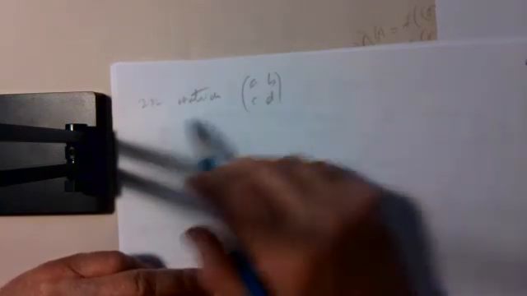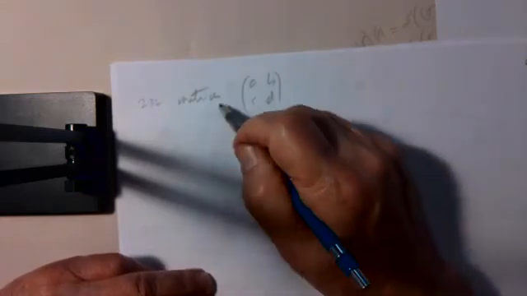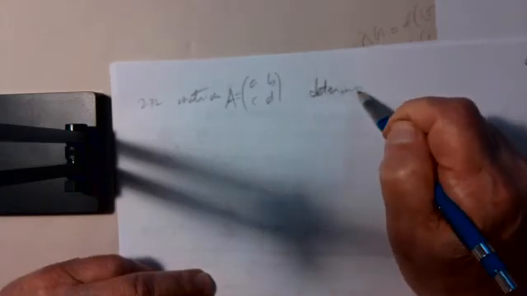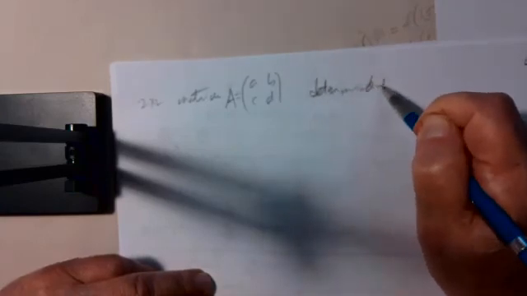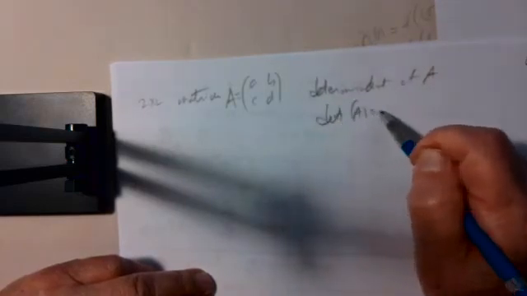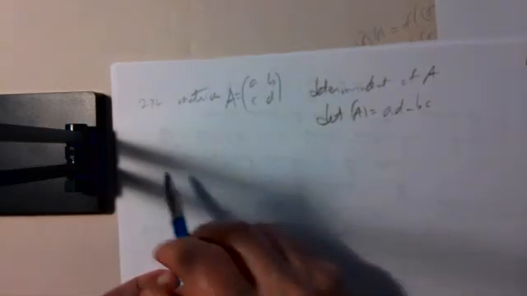So this is 2 by 2 matrices, and let's call this matrix A. The determinant of A, det of A, is defined to be AD minus BC.